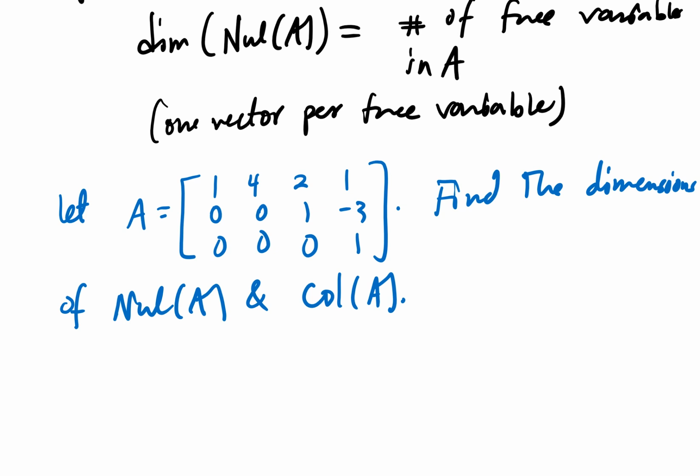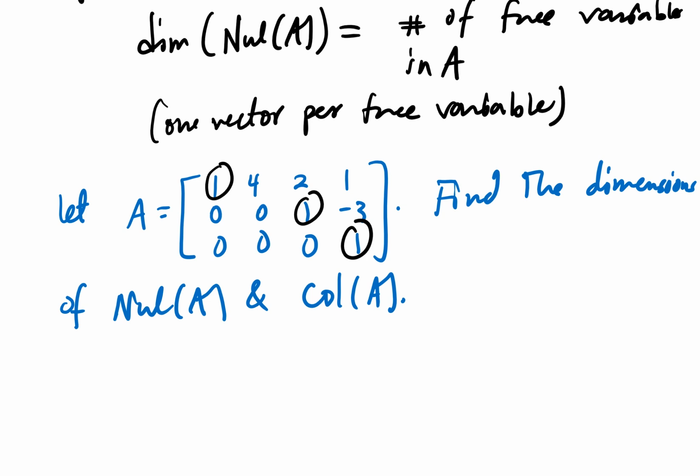So first, we can find the dimension of the null space. Okay. So how do you find the dimensions of the null space? We need to find the number of free variables, right? Where are the pivots? 1, 2, 3 pivots.